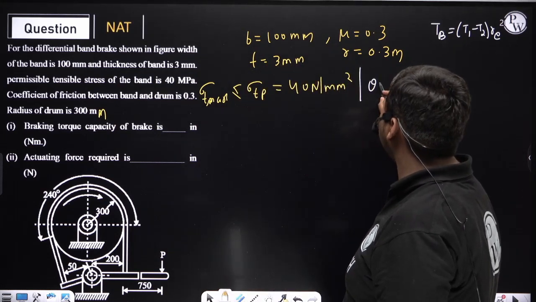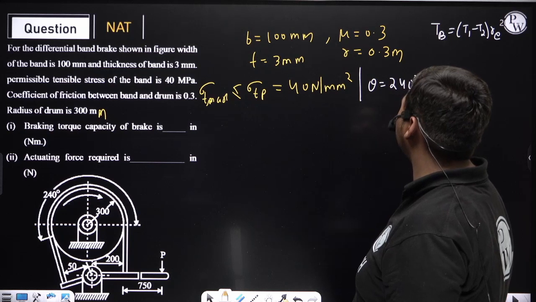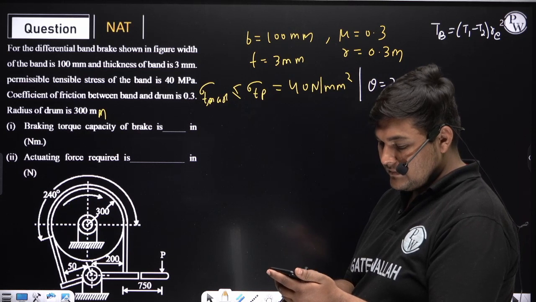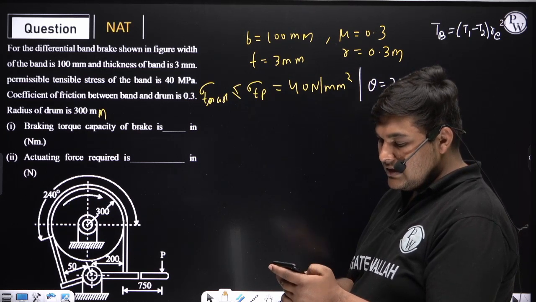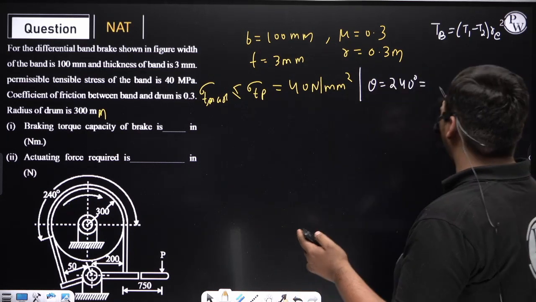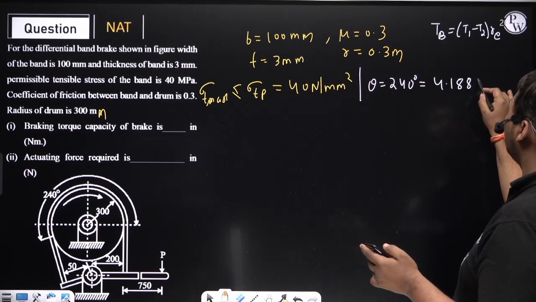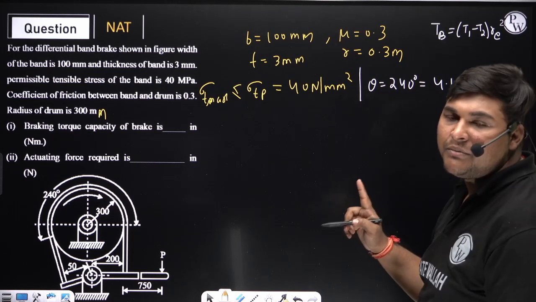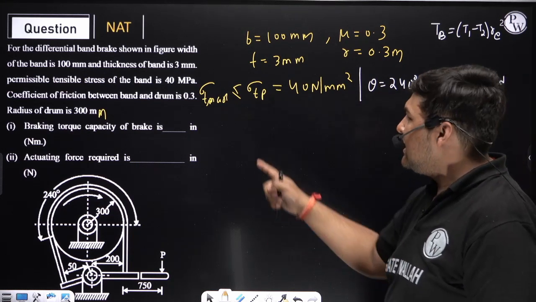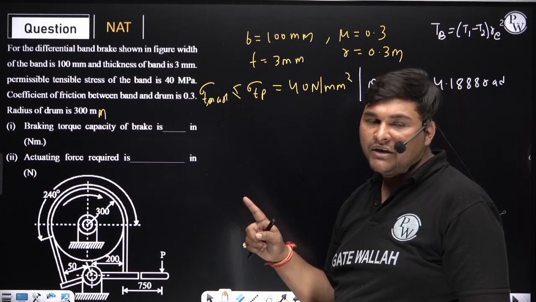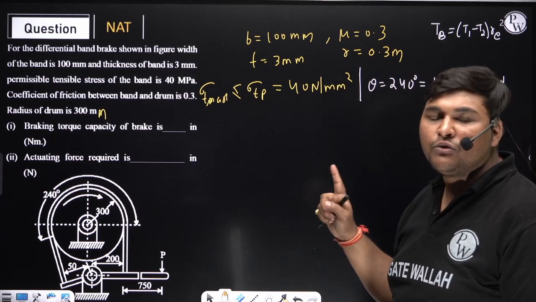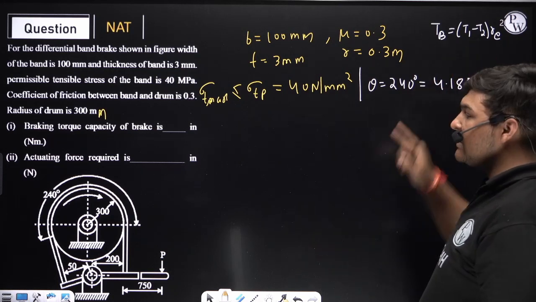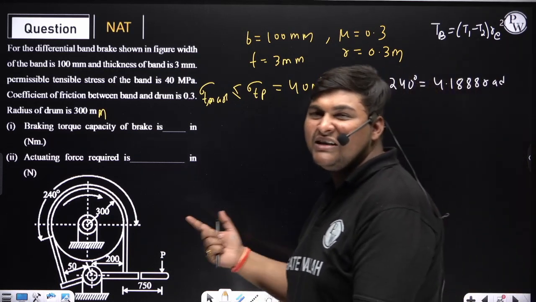Converting into radian, it is 240 divided by 180 into pi, which is 4.1888 radian. Since mu theta is given, we get the relation T1 by T2 equal to e to the power mu theta. From the maximum tensile stress relation we find T1, then using the relation we find T2, and then we can find the braking torque.